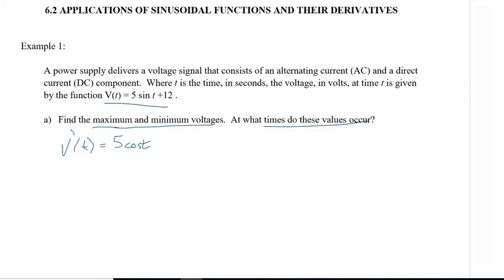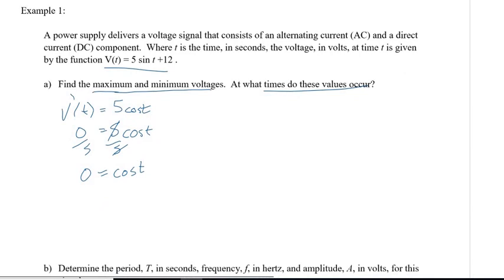Next we're going to set that equal to 0 and try to solve for t. We can divide out the 5, which goes away because we divide 0 by 5 and 5 by 5 on this side. On the left side, we're left with 0 equals cosine of t.